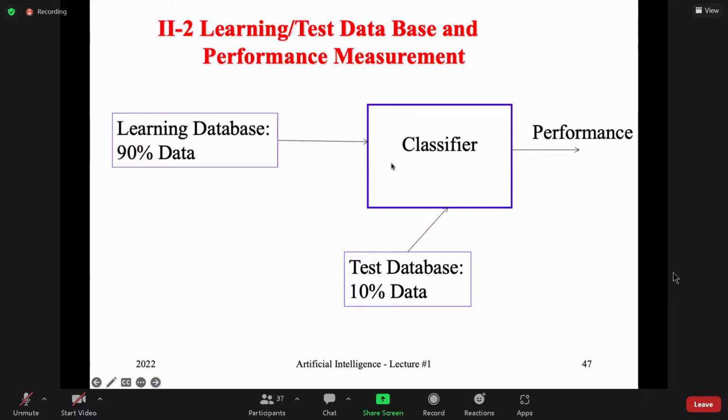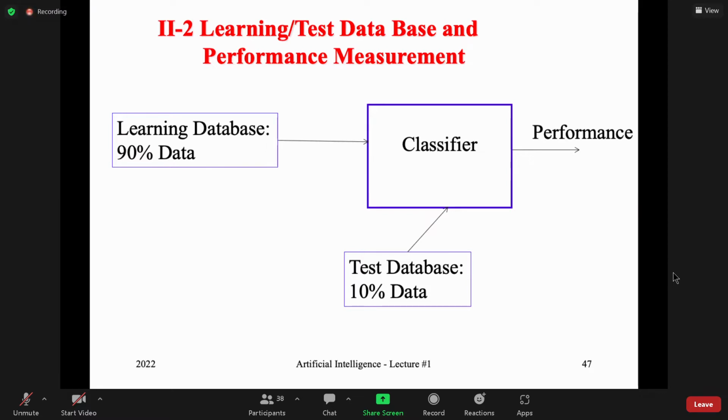What I mean here is a learning database. With a learning database, we send to the classifier a lot of examples, for example a lot of rectangles and a lot of triangles, to have a lot of examples. After that, we can train our classifier to obtain the results.